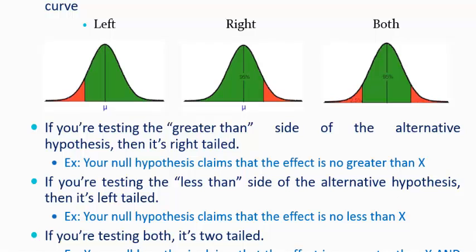Whereas if I'm trying to say that there will be no less than 100 rainy days a year, that's a left-tailed test, because we're looking at the lower range. In order to prove or disprove the statements, we're going to look to see if there are too many bad results in the lower end of the spectrum. Or you can just remember that if you're testing less than, then it's left-tailed. If you're testing greater than, then it's right-tailed.